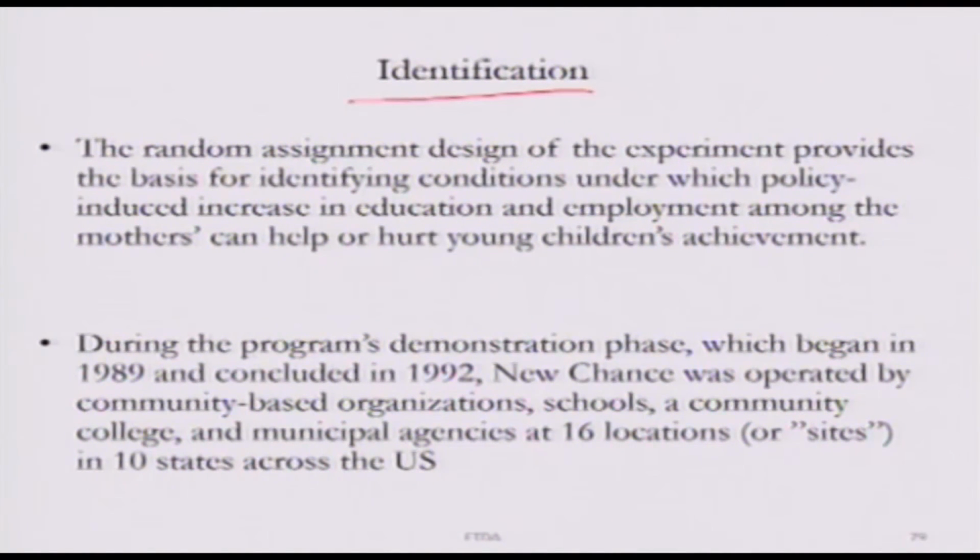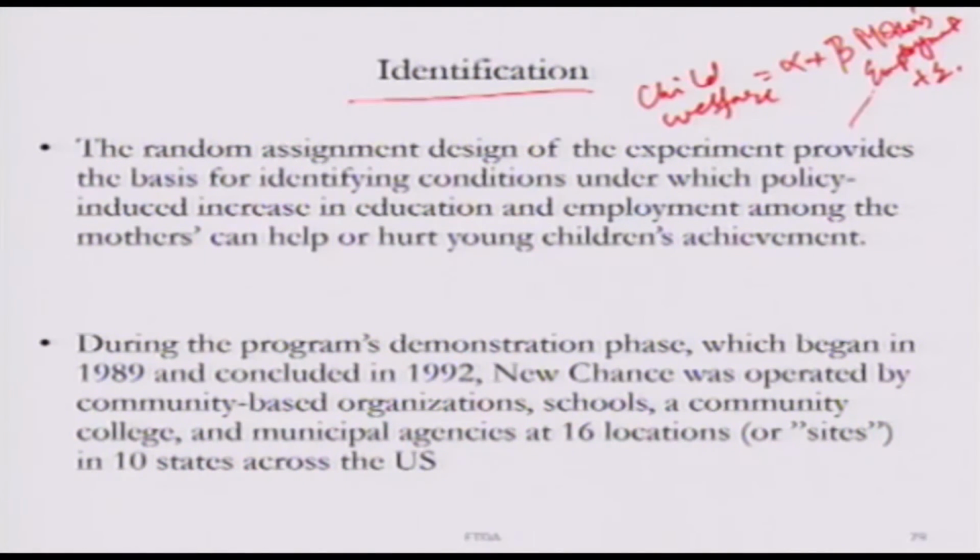So, typically if you want to estimate an equation where you are interested in, let us say, child welfare and how that is affected by mothers' employment status or opportunity, etc., then the typical problem is that there could be lots of omitted variable biases in this sort of regression when you try to estimate by OLS, and hence the whole idea of randomizing the assignment, or randomizing an IV that would impact mothers' employment but not impact child welfare directly, and that is how you would causally estimate beta, or identify beta, in other words.